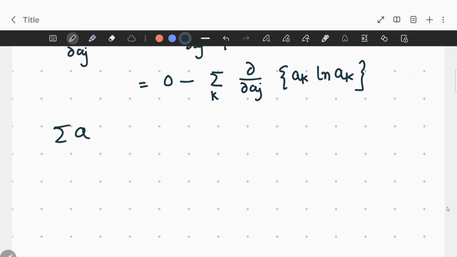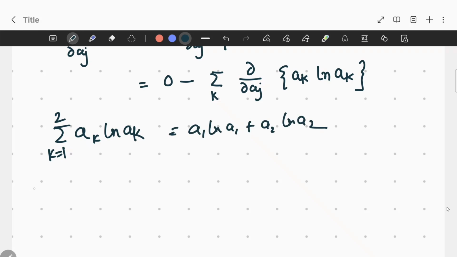Let's say k is 1 to 2. It is a_k ln a_k. So it is actually a1 ln a1 plus a2 ln a2, and you are taking the derivative with respect to del a1. Let's say j is 1.